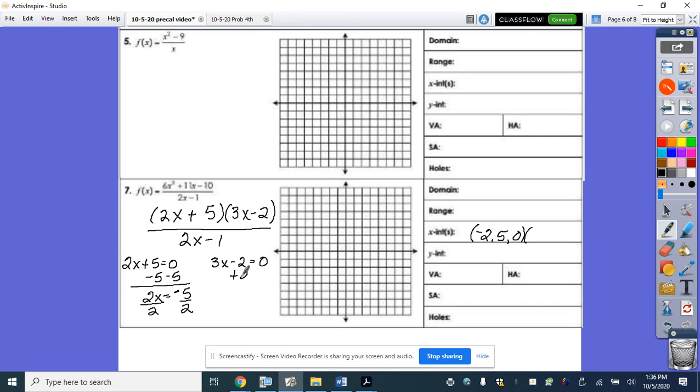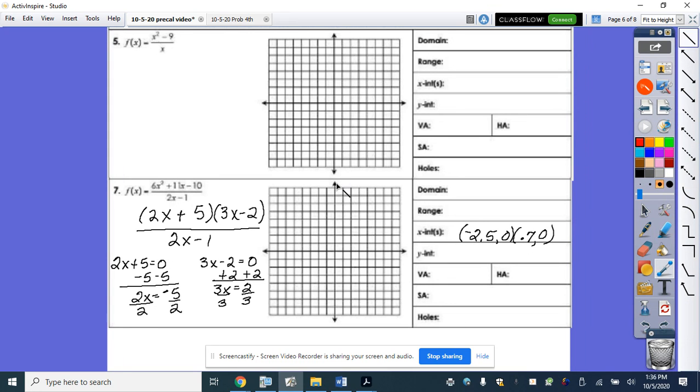And then I add 2 on this one and divide by 3. And I get, I rounded this off, 0.7 and 0. Let me go ahead and fix my axes over here so we can actually see what we're doing.